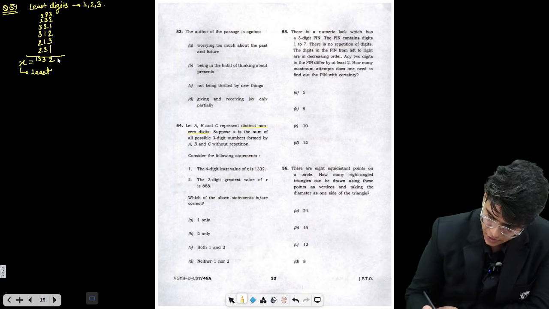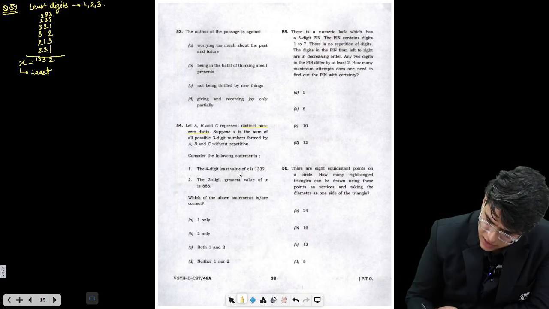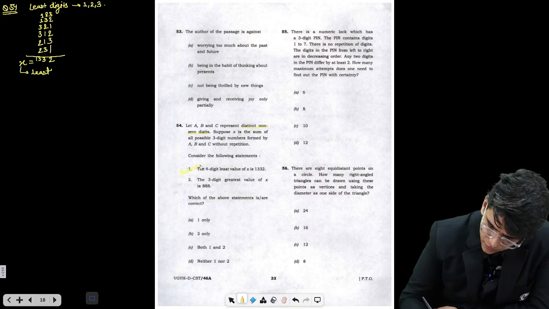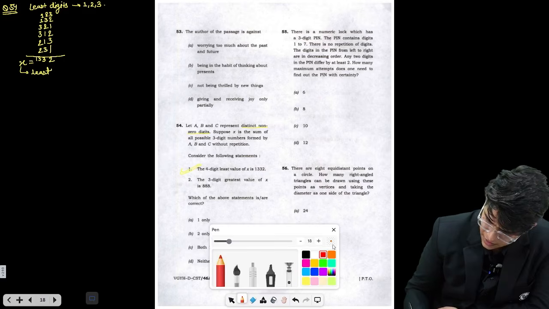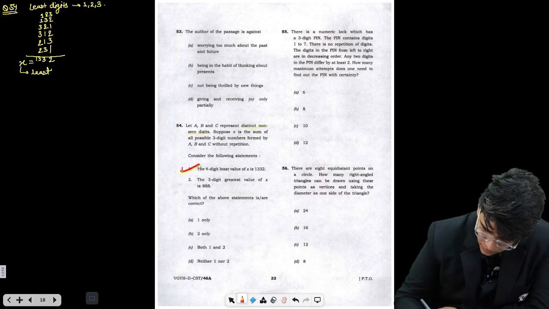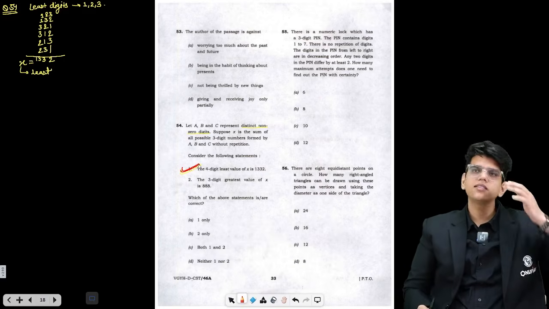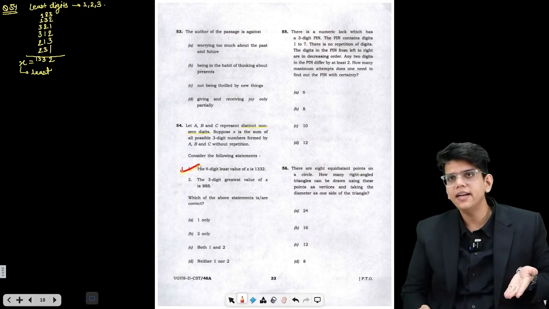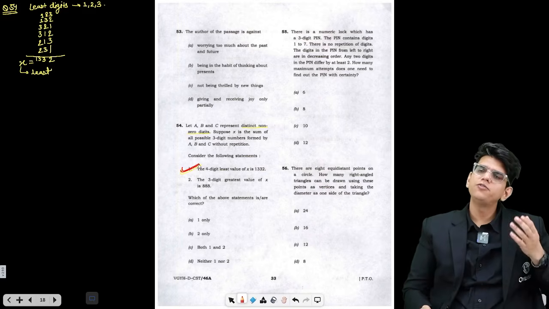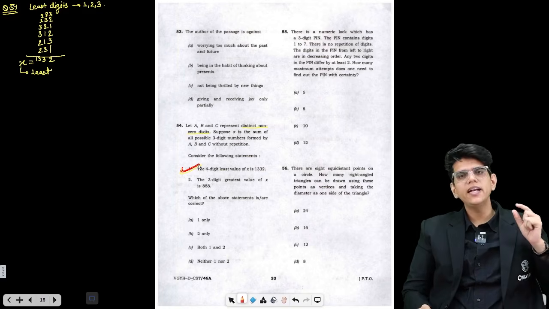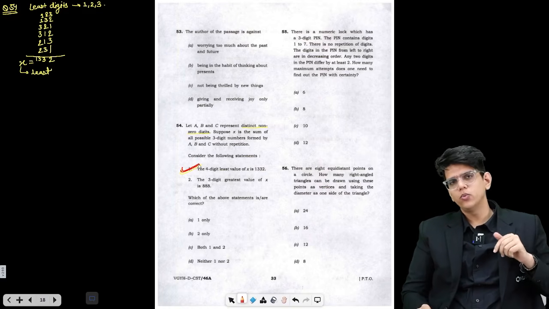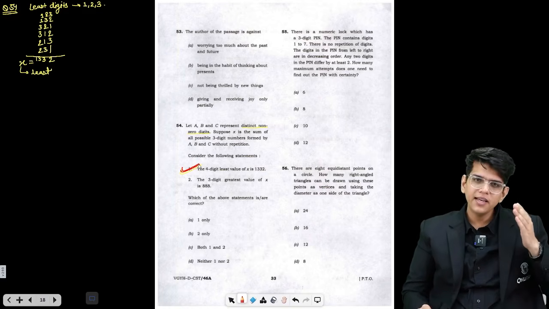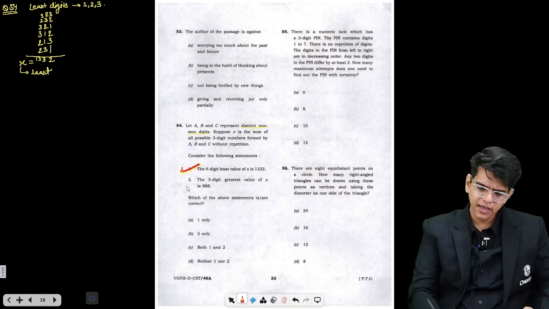The first statement is the 4 digit least value of x is 1332. Correct, the first statement is correct. The second statement is saying the 3 digit greatest value of x is 888. You have just found out the least value and it is nothing but 1332. The greatest value can't be lesser than the least possible value, hence this statement is wrong.